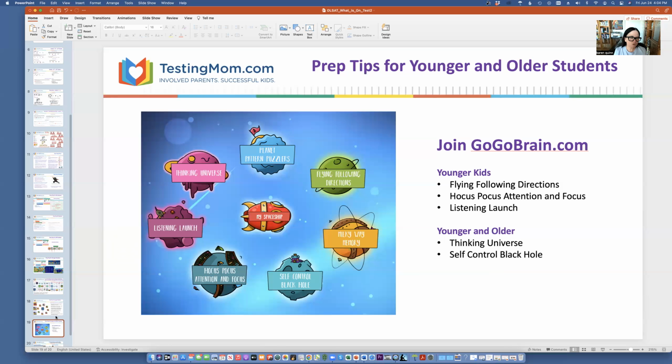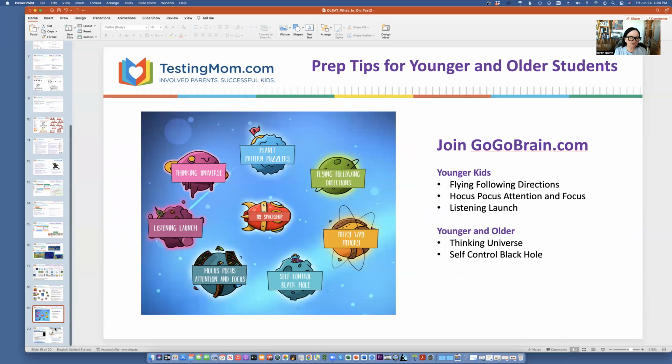And then when you join Testing Mom, one of the things you get offered is to also join gogobrain. We call this the skills behind the scores, but I think it's especially good for any child who's taking the OLSAT. A number of the games on this platform are very similar to the types of questions on the OLSAT.